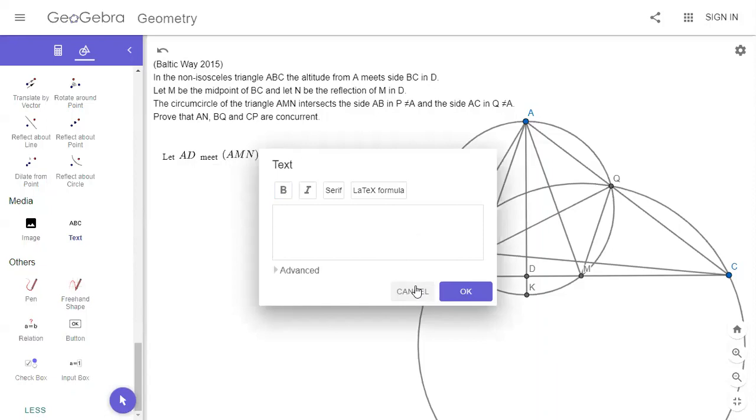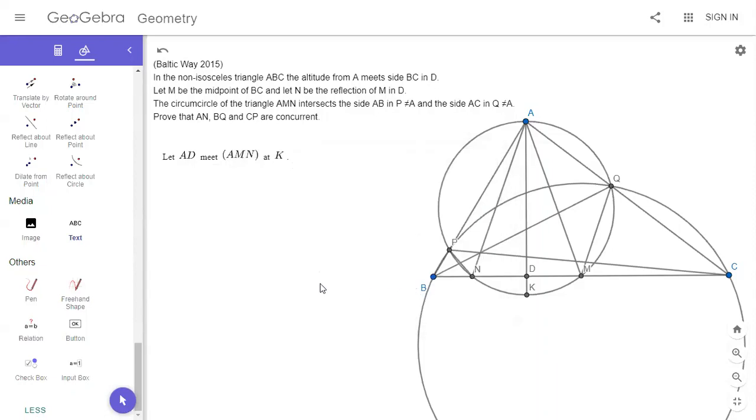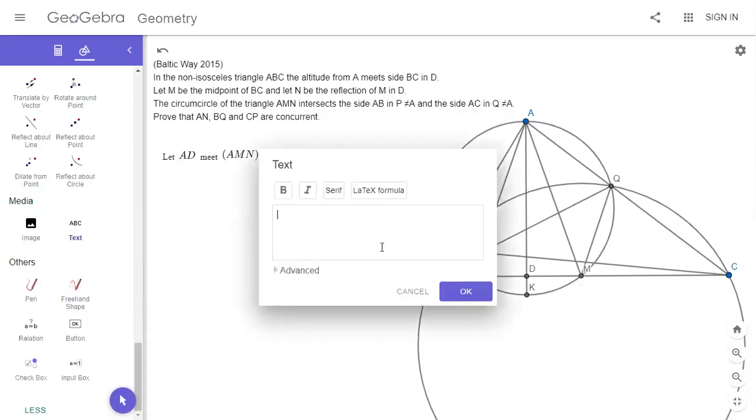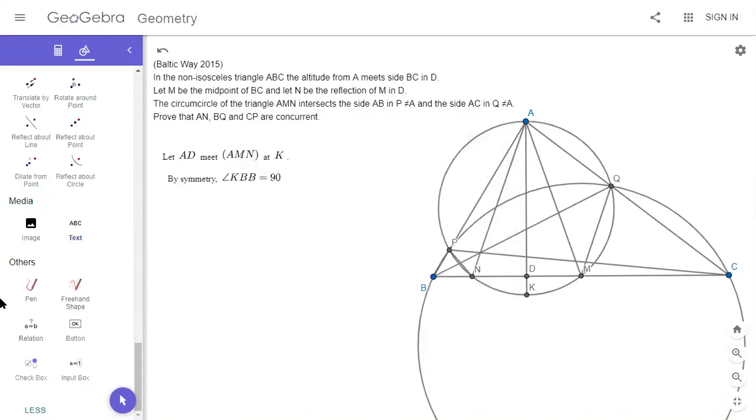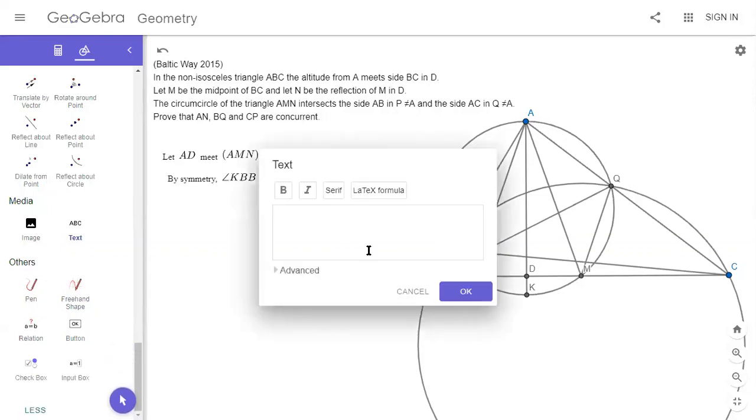Then, all right, so then we have by symmetry, angle KDE equals 90. And then angle KPB equals 180 minus angle KBA, which is equal to 90.